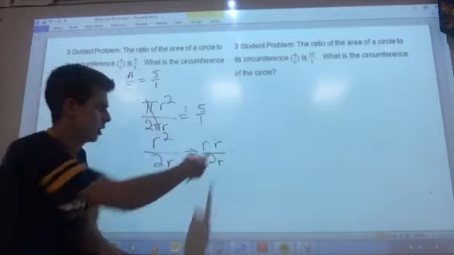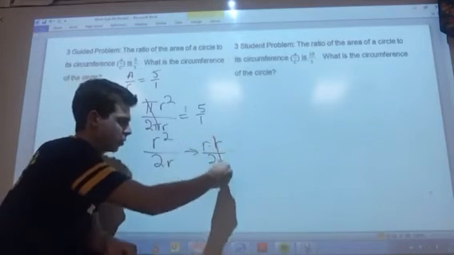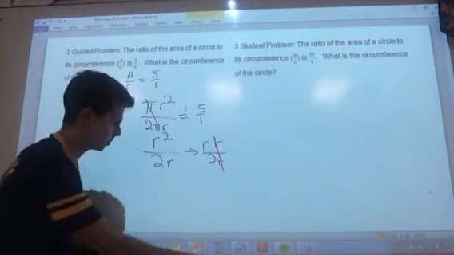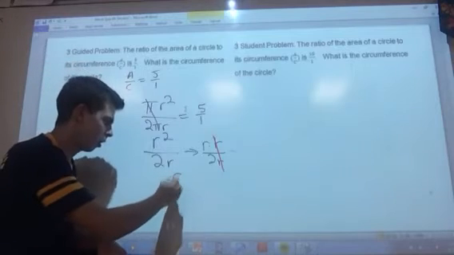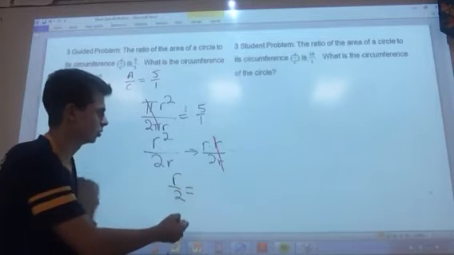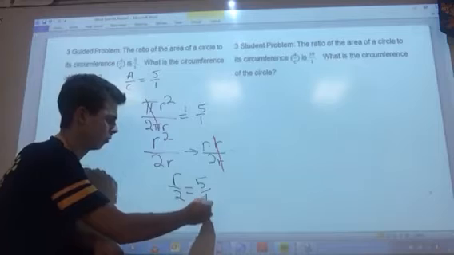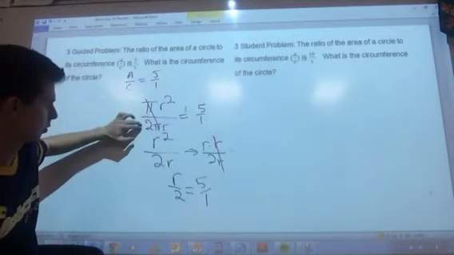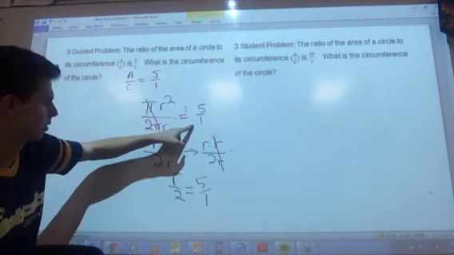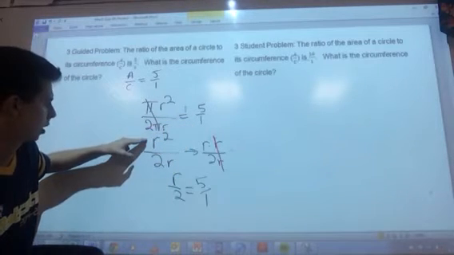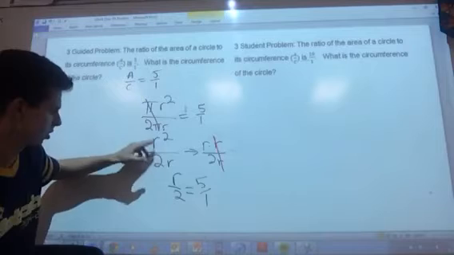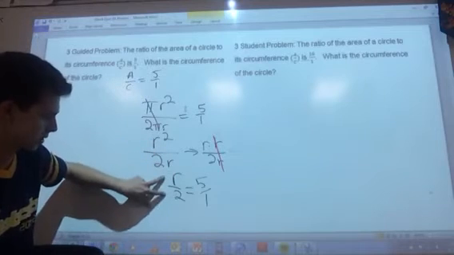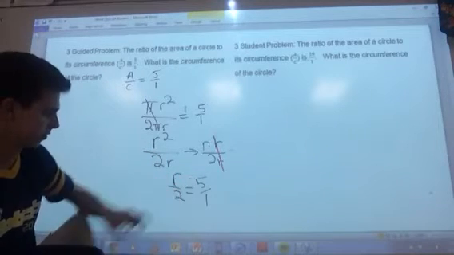I can cancel, r divided by r is 1, so I can cancel one of the r's, which leaves me r over 2 is equal to 5/1. So pi r squared over 2 pi r is equal to 5 over 1, and reducing gives me r over 2 is equal to 5 over 1.